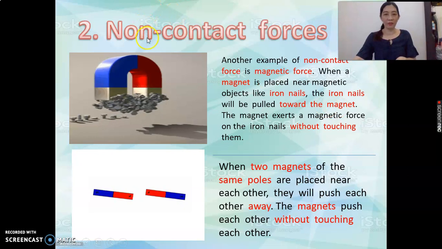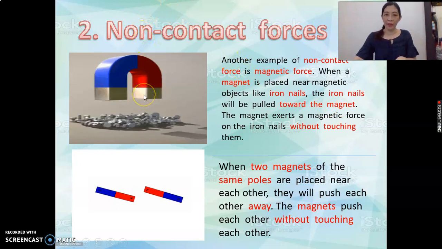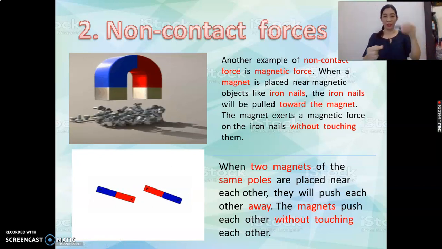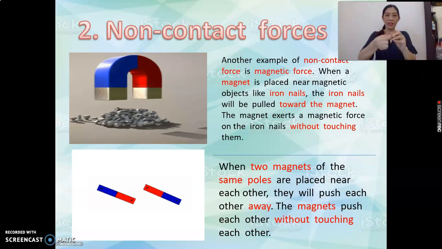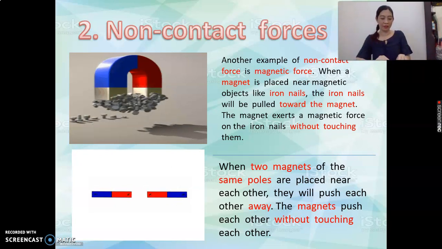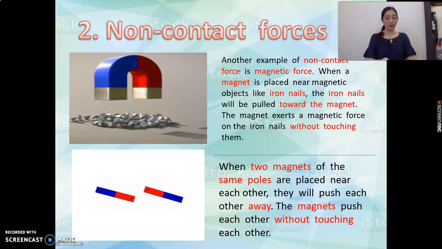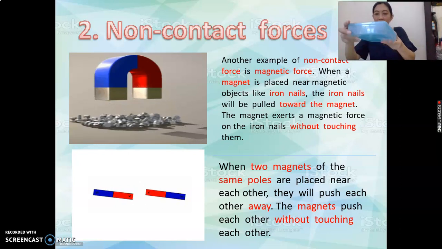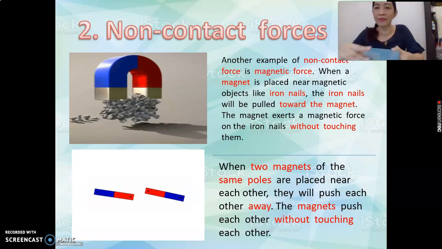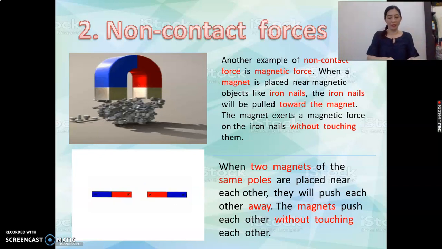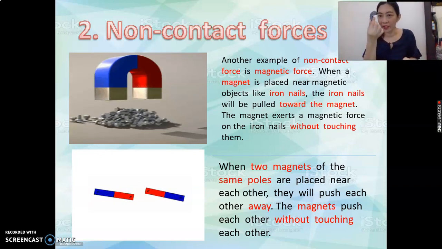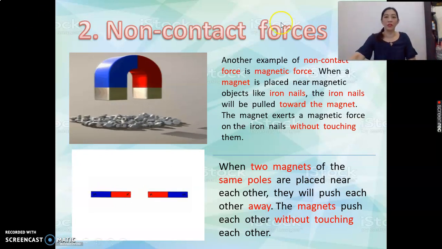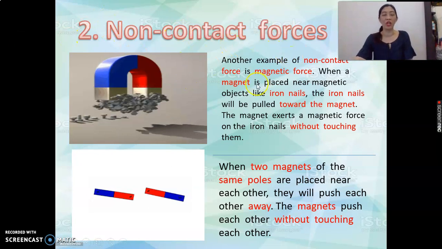Another example is a magnet. Example, this is the magnet. This is the iron or magnetic object.